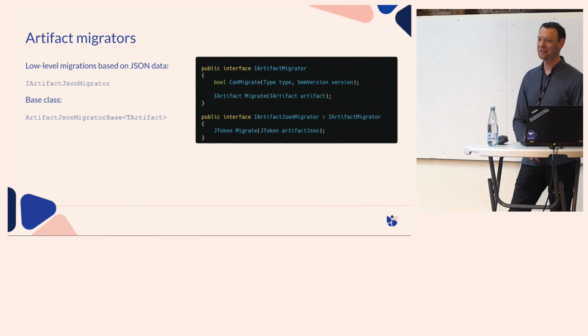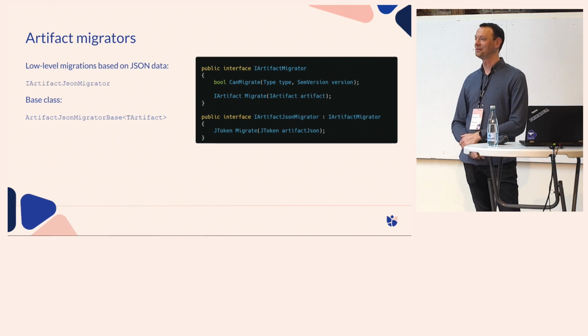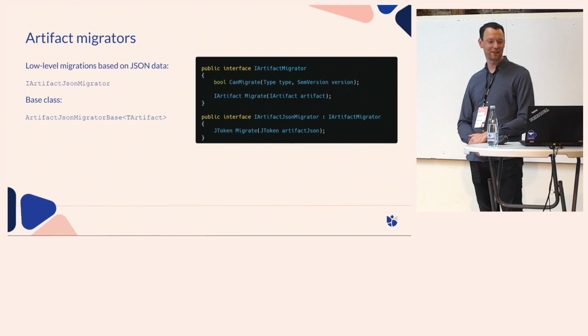So this type of migrator allows us to change properties in the JSON before it's being deserialized. So we have all the data that we need in the actual new artifact type.